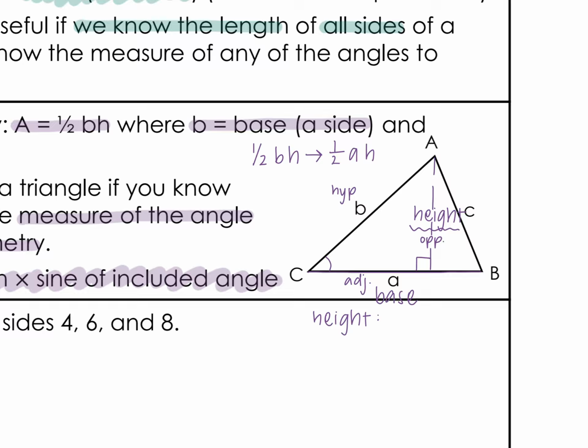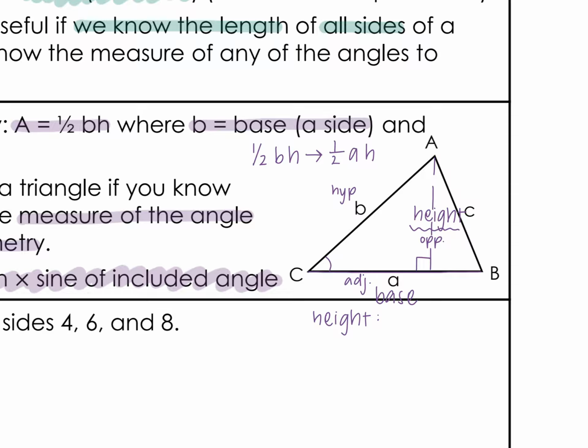The one thing I want you to keep in mind is that adjacent a that I have just labeled, that full length of a, we are not using when we are dealing with the right triangle here that is being created with that altitude, that height that we're trying to find. So we want to stay away from that side, but we can use the hypotenuse because the full length of that is in that triangle.